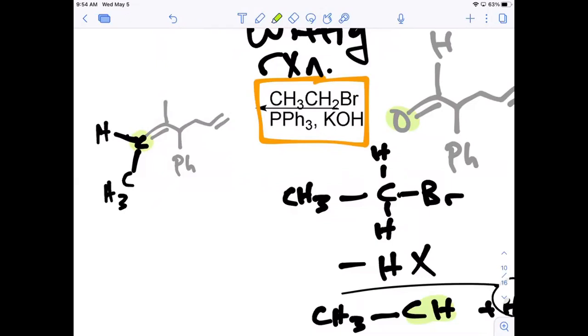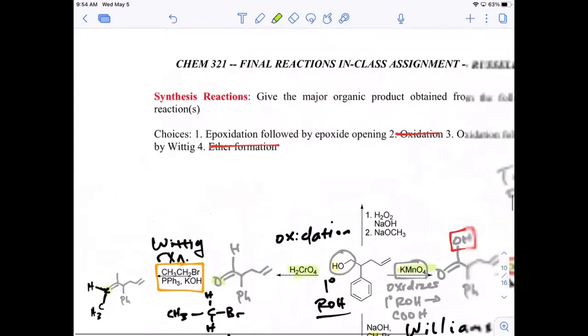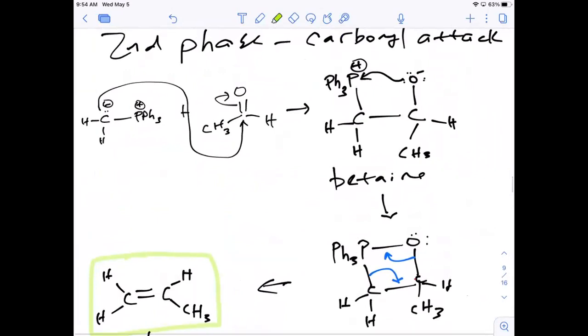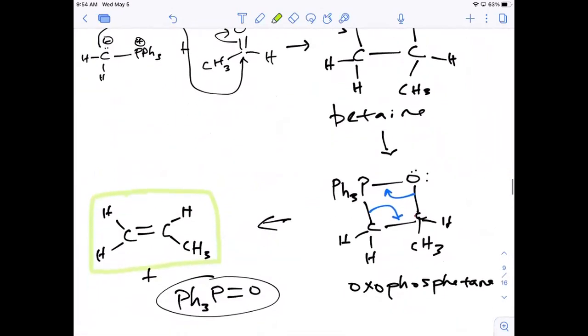I don't want to say substituted because you can't do substitution at an sp2 atom, but you can do addition followed by elimination, which is exactly what this is. We did an addition. Let me go back up to here. You can see that first step is addition, and then the subsequent steps lead to elimination.